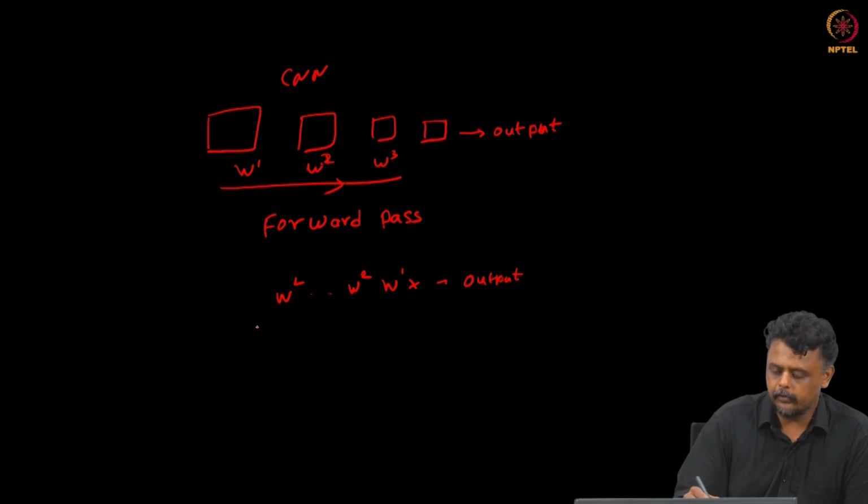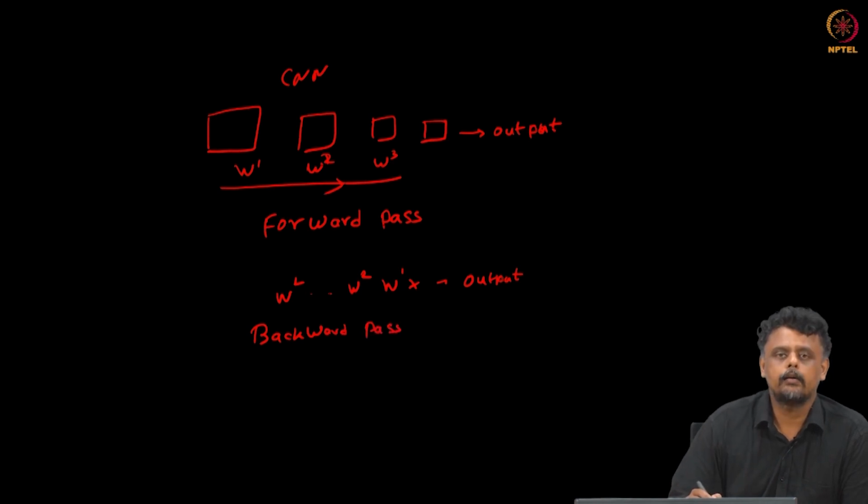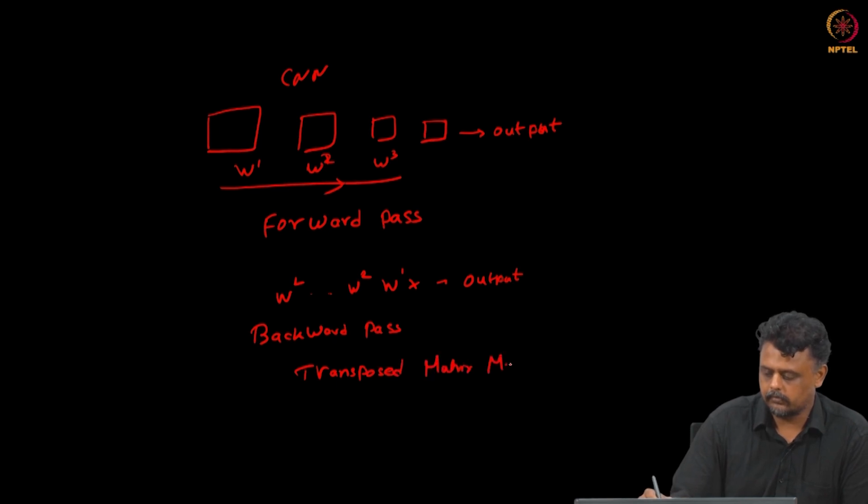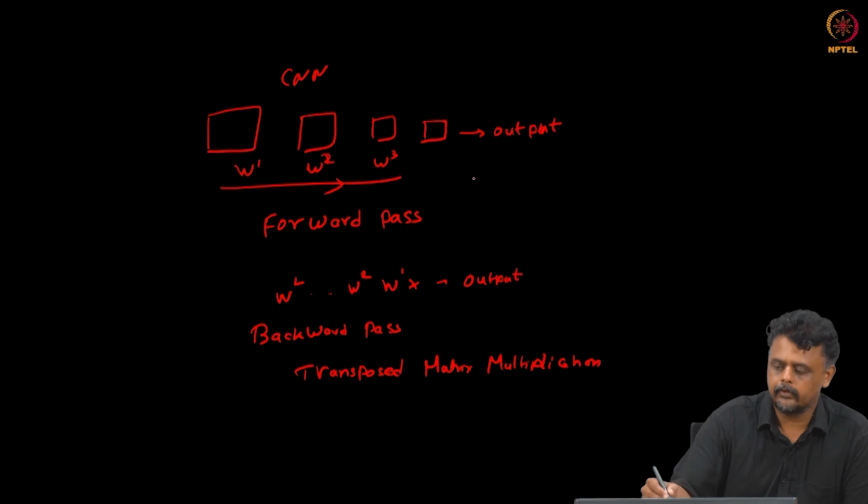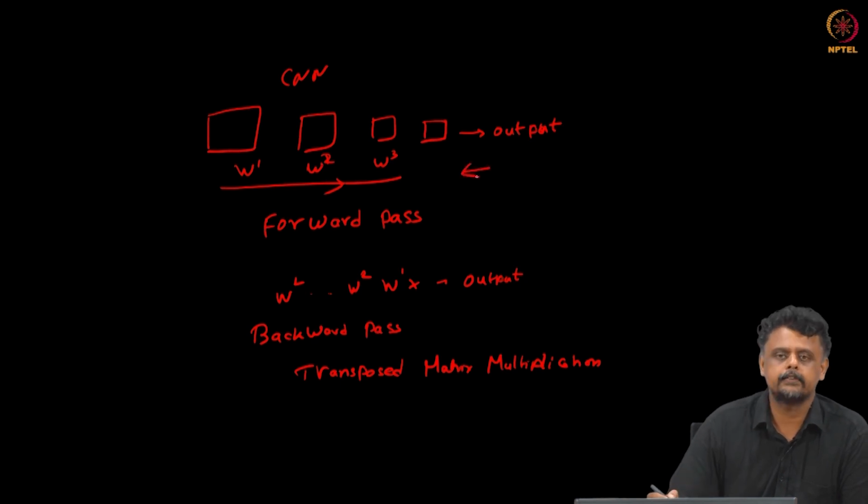Now, during the backward pass or backprop, your gradients are propagated by transposed matrix multiplication. The error you backpropagate goes in this direction.